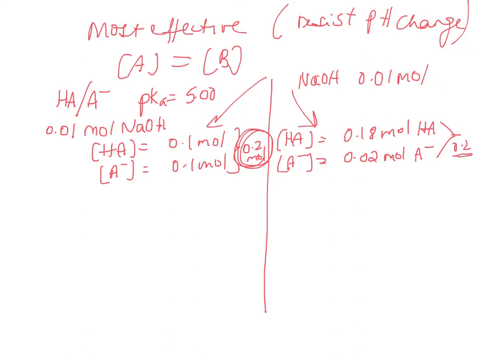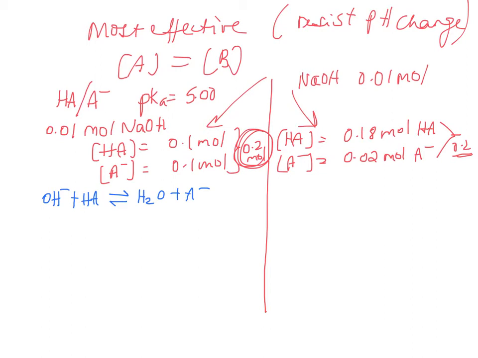It's not equal concentration. And I want to basically see how it's going to change the overall effectiveness of the buffer. Of course, realize that the added OH minus is going to react with HA, which is the acid component, to give you water and A minus.